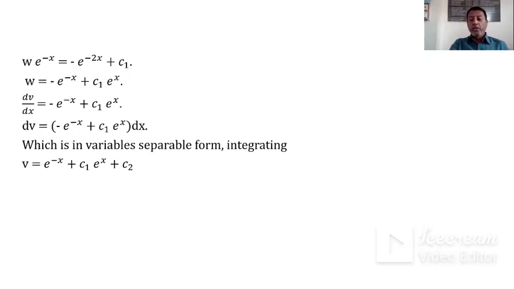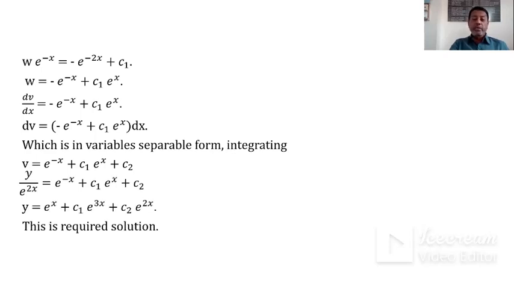And again here, we substitute v = y/y1, where y1 is e^(2x). Therefore, we substitute v = y/e^(2x). We get this, and then rearranging this equation, we obtain the final general solution y = e^x + c1e^(3x) + c2e^(2x).